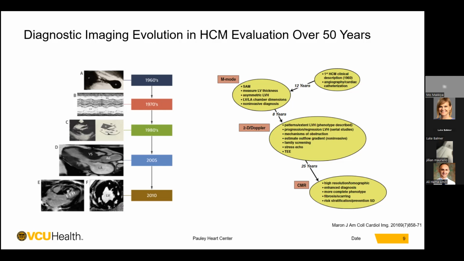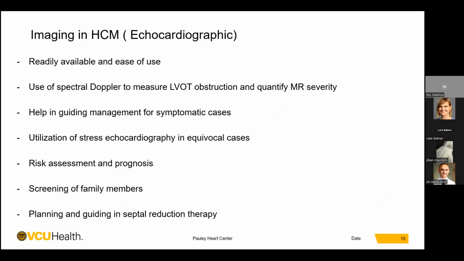And then after 2010, the second generation MRI used gadolinium contrast to enhance the LV dimension measurements, detecting fibrosis and scarring, and ultimately risk stratification and prevention of cardiac complications, including sudden cardiac death, that led to the change in the recent guideline in 2020.